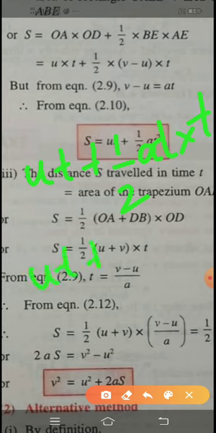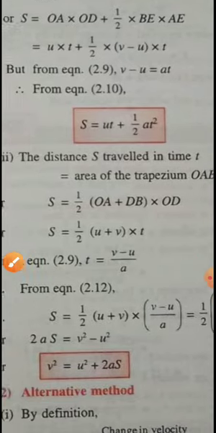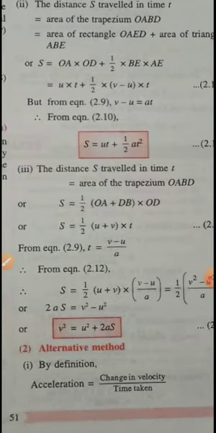Therefore ut plus half a t square. Now let's go for our third set of formula. Third is also the same.